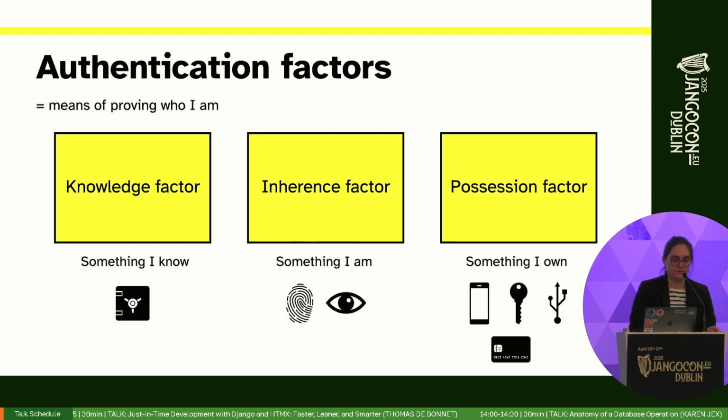And possession factors are physical objects that you can carry with you and which contain a cryptographic key. Then it's a device which authenticates you with your service. So this, for example, is an authentication with a possession factor.